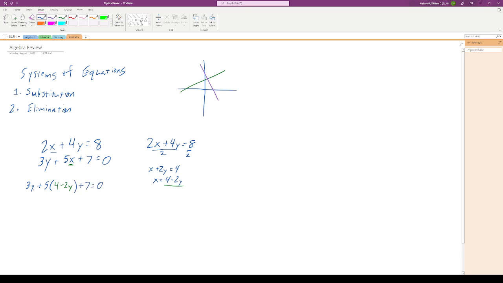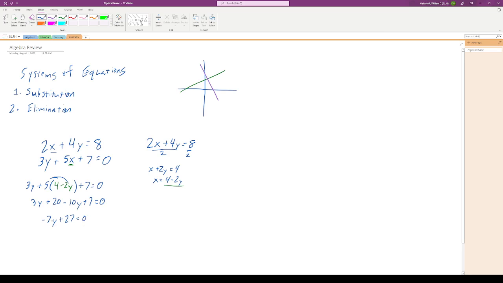And now our goal is to solve this equation for y, because it only has y as a variable. We need to distribute this 5, so we get 3y plus 20 minus 10y plus 7 equals 0. And now we need to get the constants over to the right side. So if I collect my like terms, I get negative 7y from 3y minus 10y, and then 20 plus 7 gives me 27.